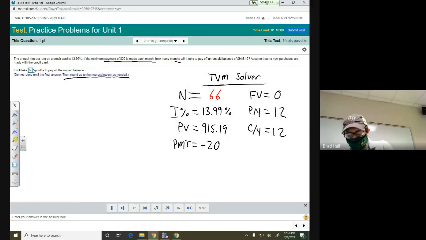Again, if on your assessment you put 65 point, whatever it said, 75, I can't remember, and it marks you wrong and you email me, hey, I was close, I didn't round right, can you give me partial credit? I cannot, unfortunately. That's not my rule, but I cannot give partial credit.